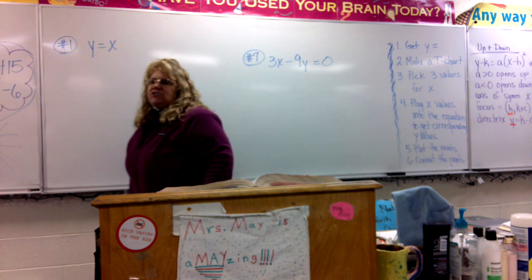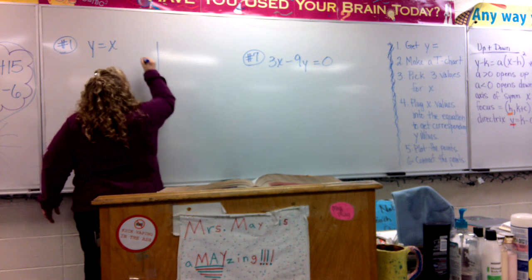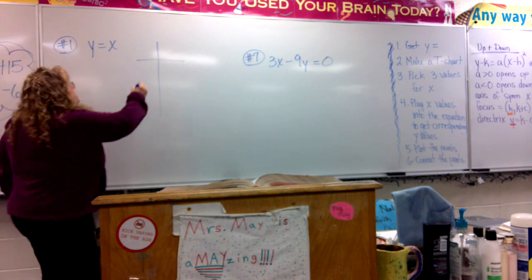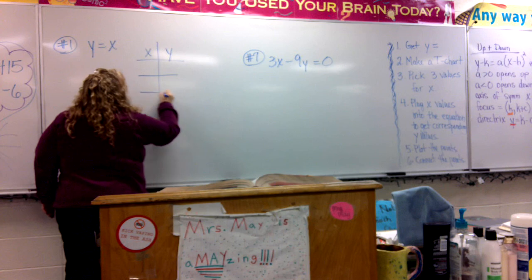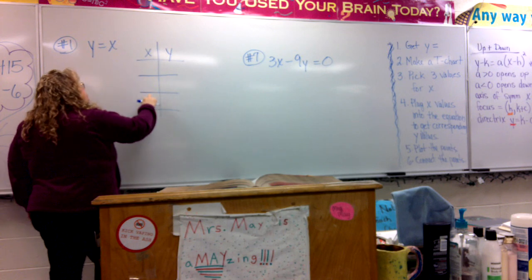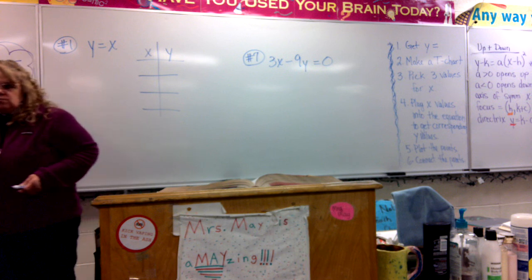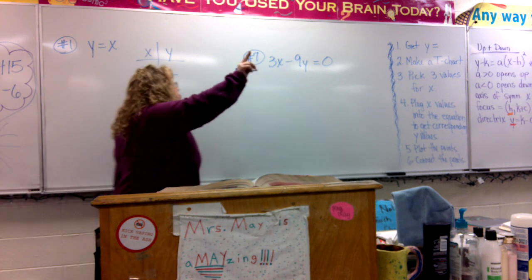You know what a T-chart is? It looks like a T. There's a T-chart. And in your T-chart, you're going to have x and y values. And you're going to leave spaces for at least 3. If you want to do more, you can do more. But you're going to have at least 3. Step 2, done.